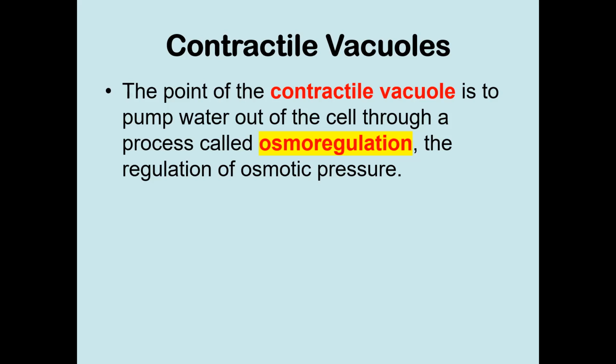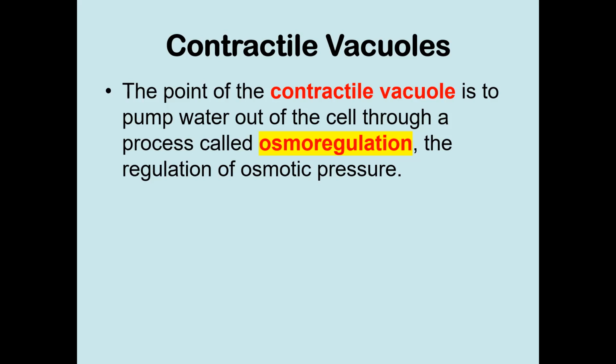You've got a cell in water. Okay, now I mean fresh water, not salt water. And in fresh water, being a cell, the water is hypertonic, so it's flowing into the cell. Now, if the cell didn't have some way of removing that constant water, it would just burst. Last thing the cell wants to do.